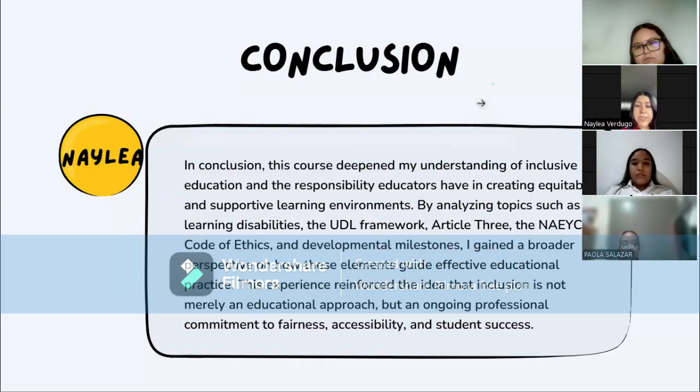This experience reinforced the idea that inclusion is not merely an educational approach, but an ongoing professional commitment to fairness, accessibility, and student success.